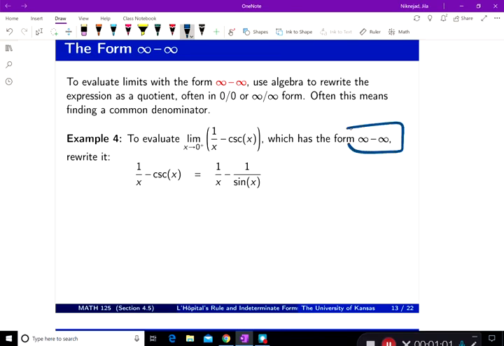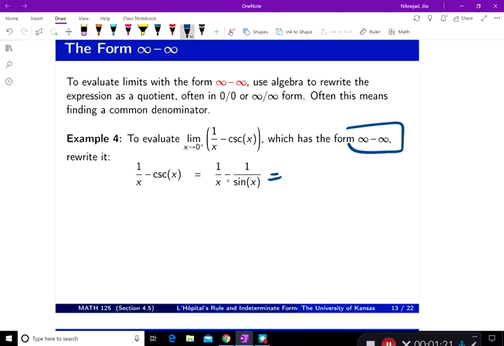So the form is infinity minus infinity. Both of them are positive because x approaches 0 from the right, and same thing for sine. And now I know that infinity minus infinity is not in my toolbox for L'Hopital's rule.